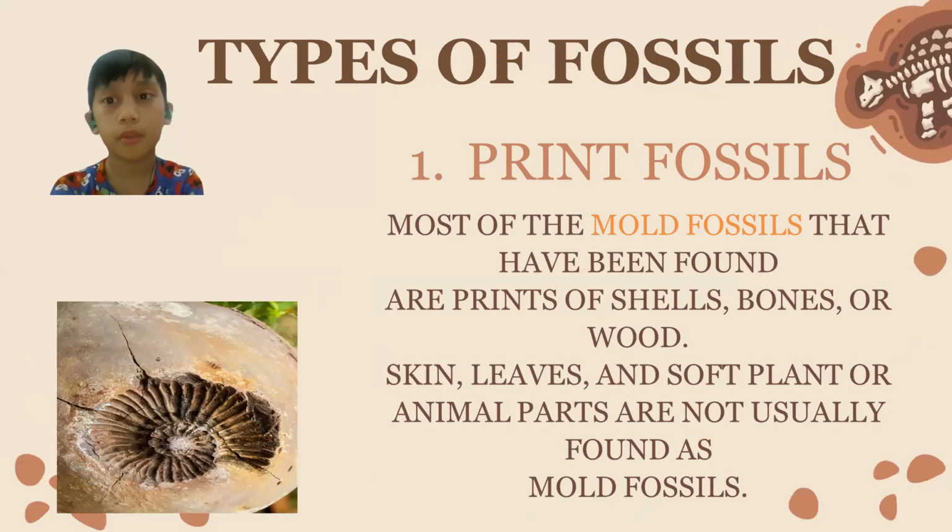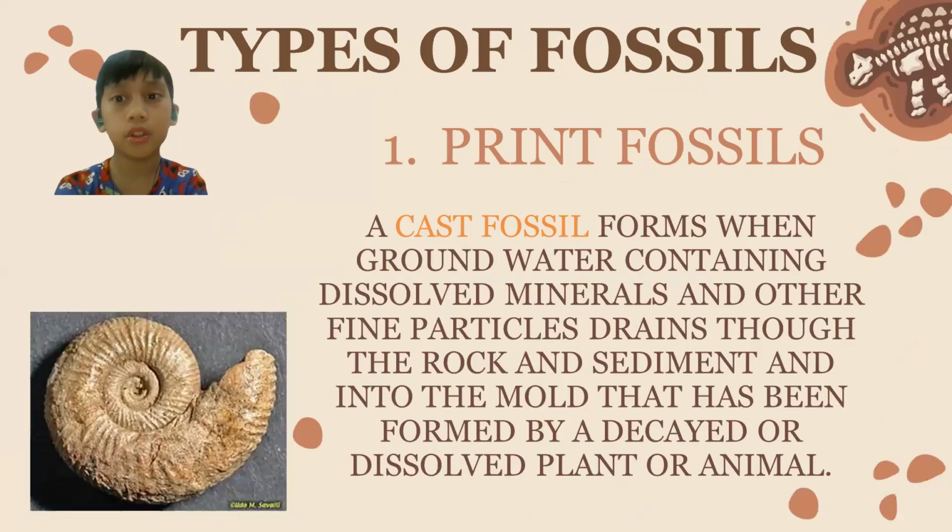Another form of a print fossil is called a cast fossil. A cast fossil is made after a mold has been formed. A cast fossil forms when groundwater containing dissolved minerals and other fine particles drains through the rock and sediment and dissolves the plant or animal.